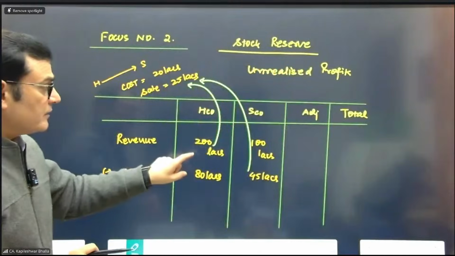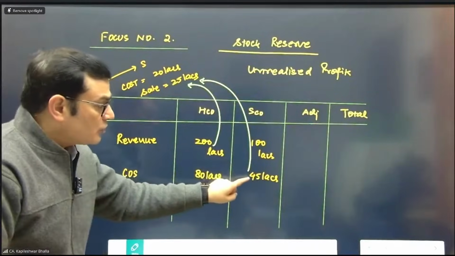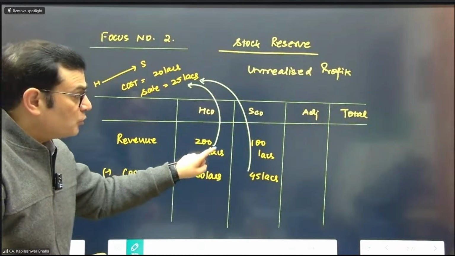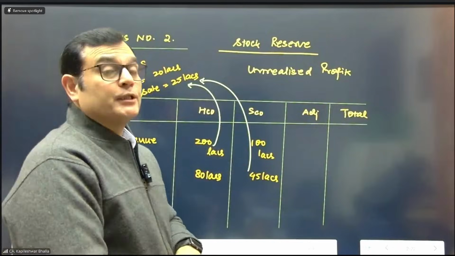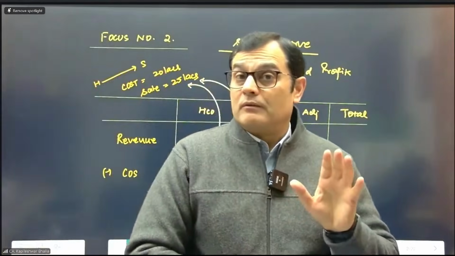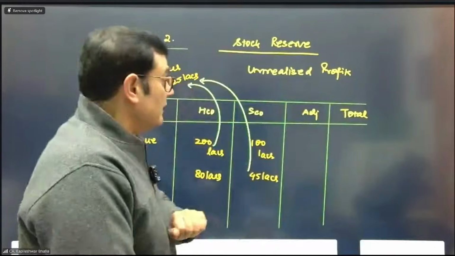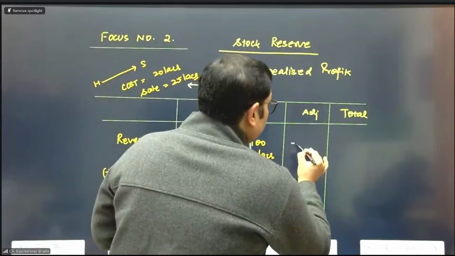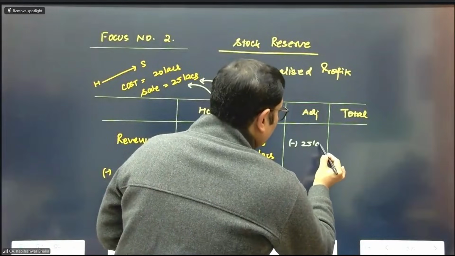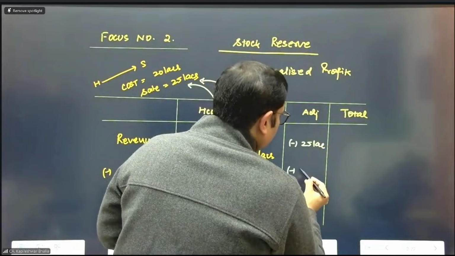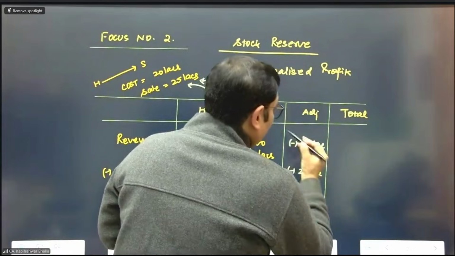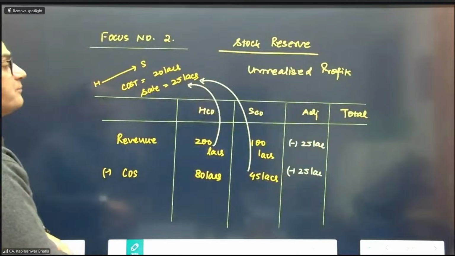So both the sales of the parent and the cost of sales of the subsidiary include the 25 lakh rupees. I'm not talking of 20 lakhs. So I will eliminate this 25 lakhs from the revenue, and I'll eliminate this 25 lakhs from the cost of sales as well.